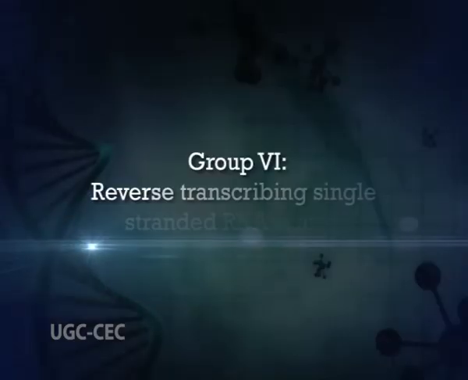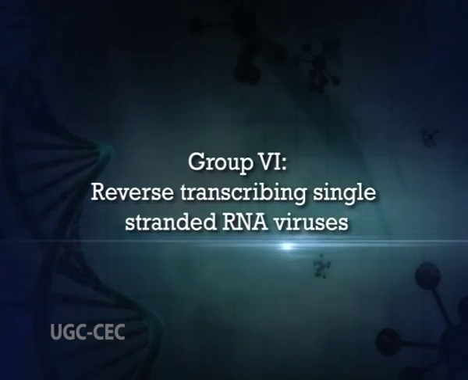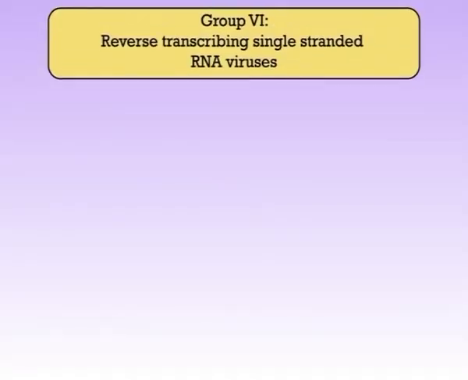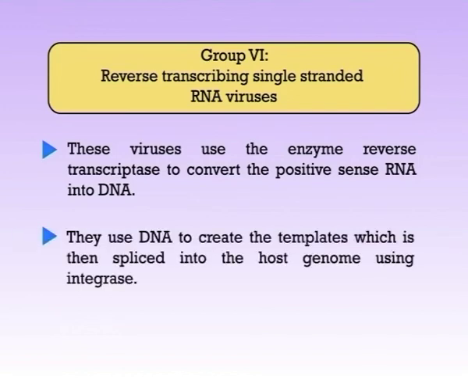Next, coming to Group 6 viruses, these include the reverse transcribing single-stranded RNA viruses. These viruses use the enzyme reverse transcriptase to convert the positive sense RNA into DNA. They use DNA to create the template, which is then spliced into the host genome using integrase.